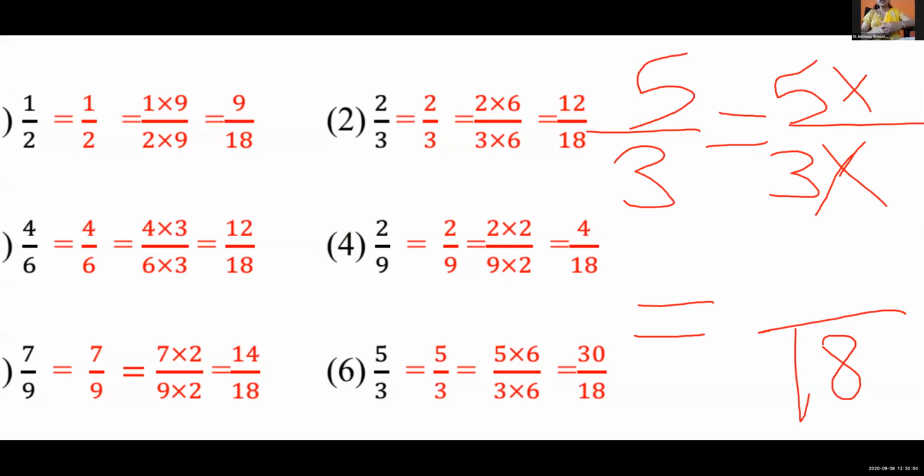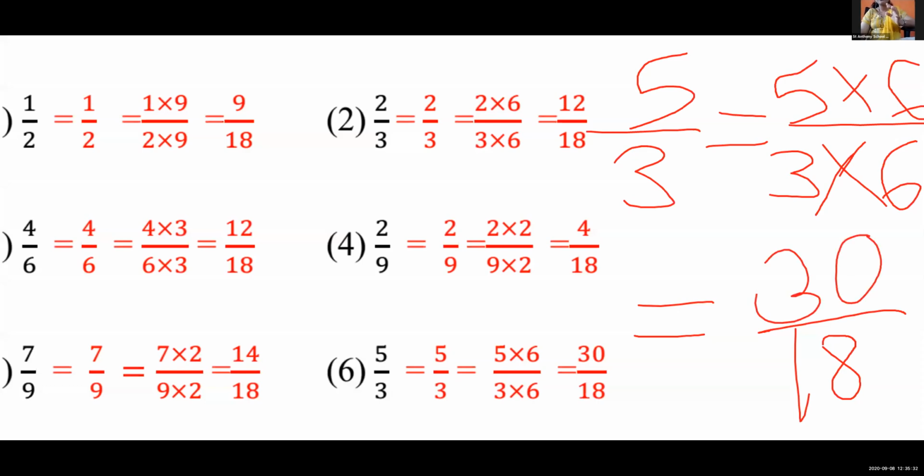Correct? So many students are giving the answer 6. So 3 6s are 18, and if you are multiplying by 6 in the denominator, in the numerator you are again using the same number, that is 6 over here. Okay, students, please stop typing. 5 6s are 30 will come.